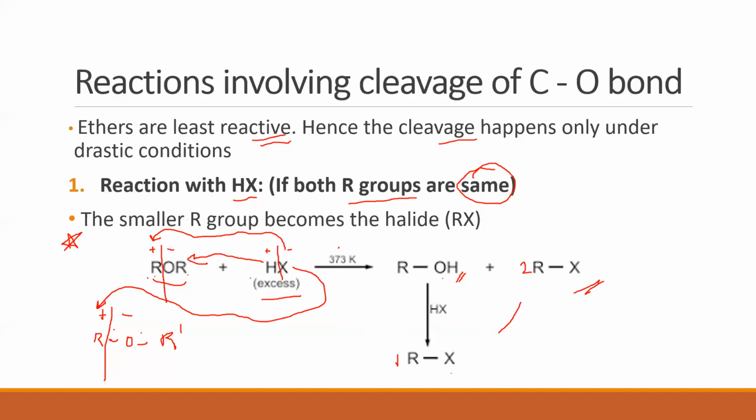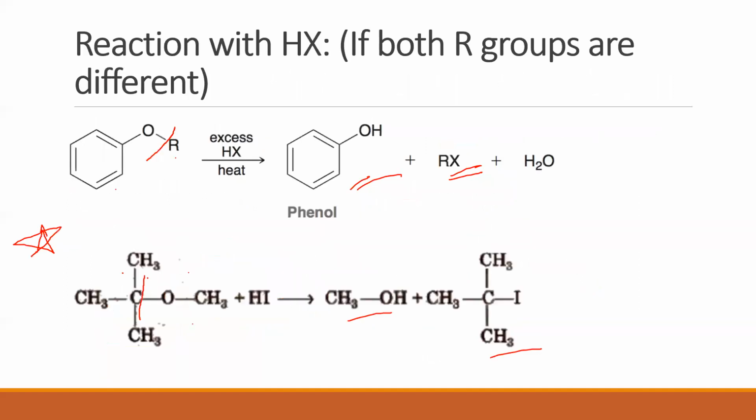So two reactions you need to do here. This is just to find out whether you have understood the concept or not. First one is methyl propyl ether. Second one is tertiary butyl propyl ether. I want you to find out where the bond will be cleaved and which part becomes the alcohol and which becomes the halide. Clear? Super.